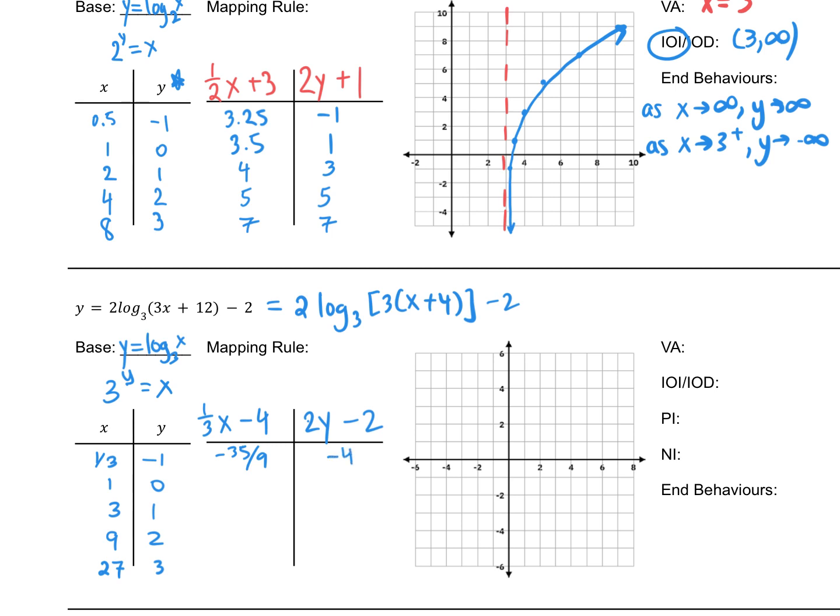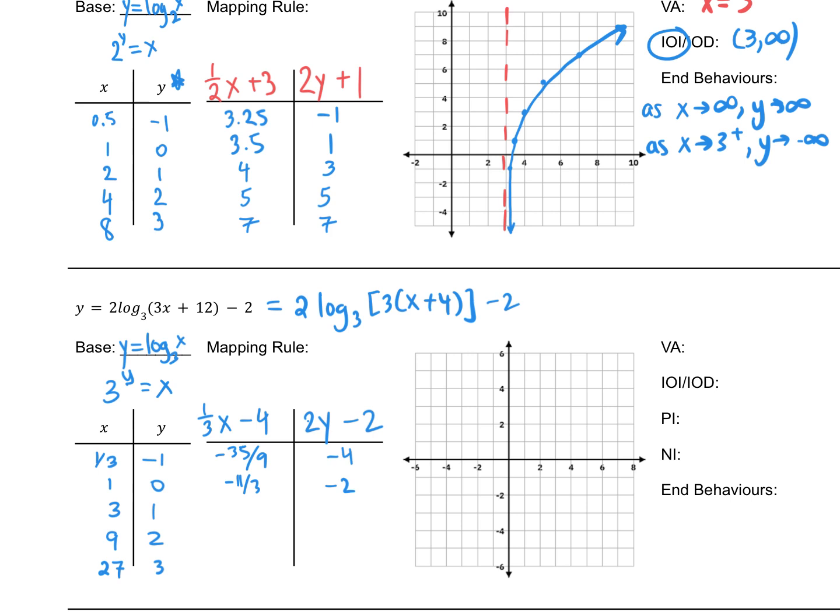Next, 1 times a third is a third. Subtract 4, negative 11/3, or the decimal equivalent, which is negative 3.6 repeated, I believe. Yes, it is. And then 2 times 0 is 0, minus 2 is negative 2.